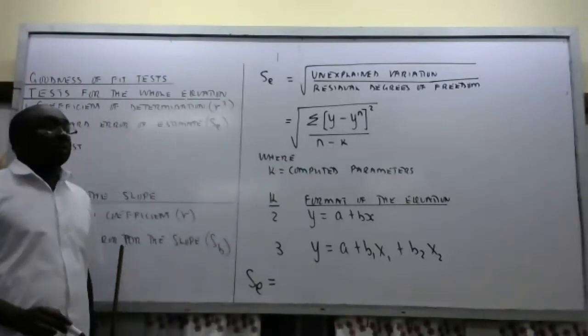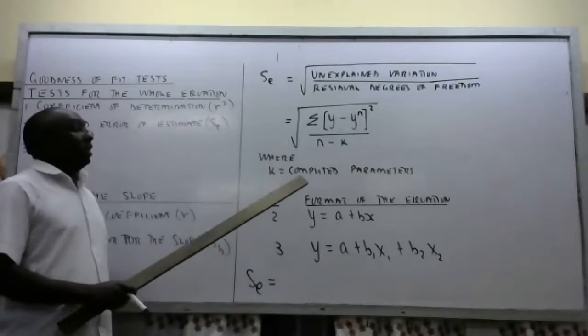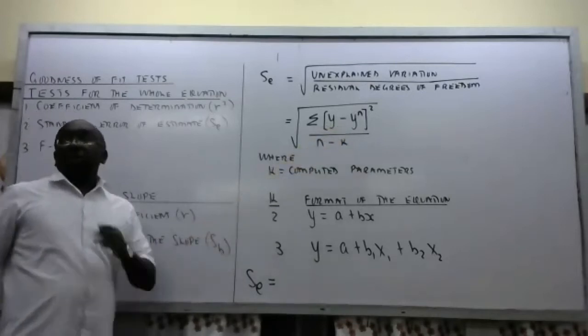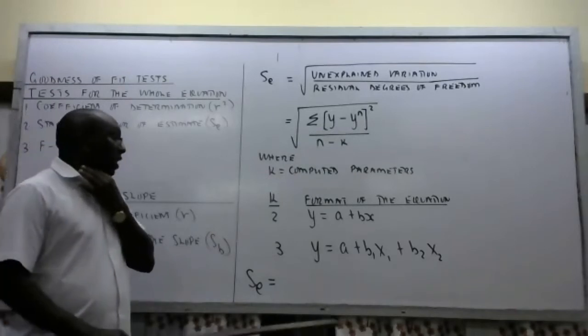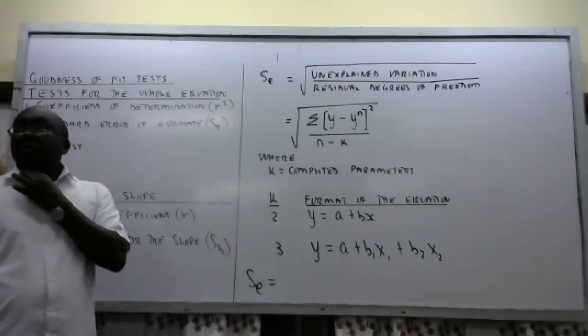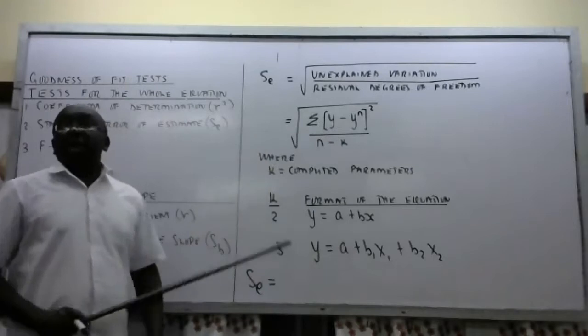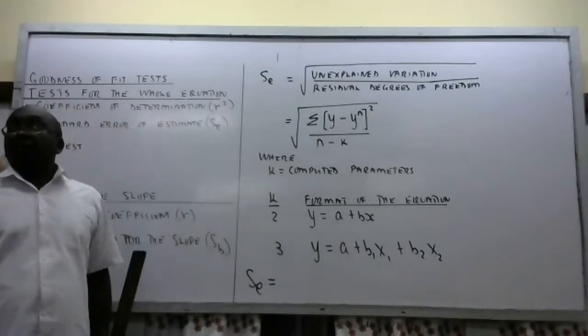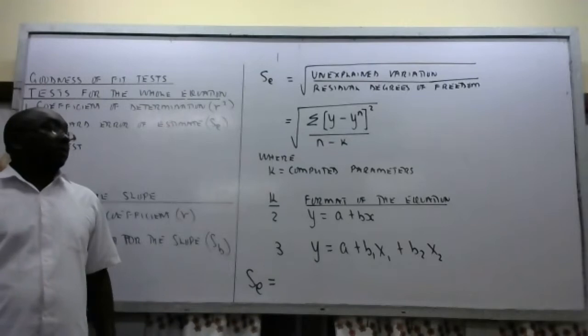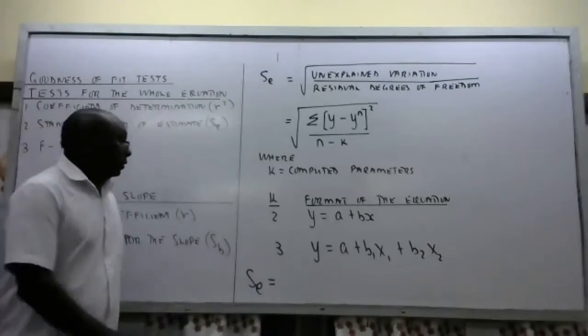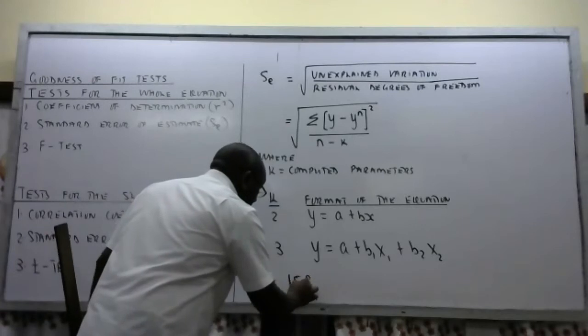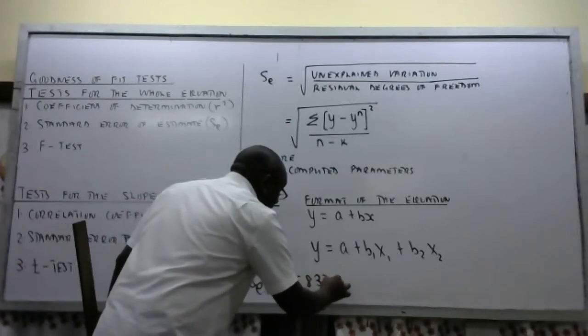So let me say for the above case, SE equals, from the table, read me this value: y minus y predicted squared total, the column we called error total, the squared one. 334.